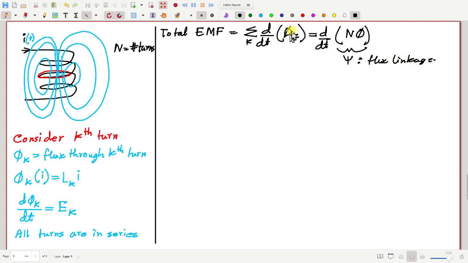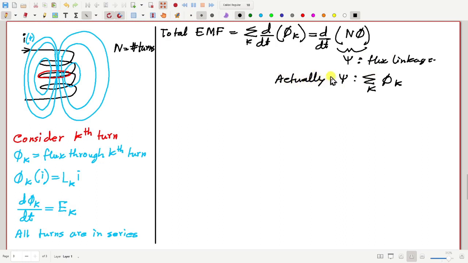Actually, if phi k is not the same for all the turns, then psi will be the sum of all the phi k's. If we assume it is the same for all the turns, then psi is equal to n times the flux phi. This is the more precise definition of flux linkage.